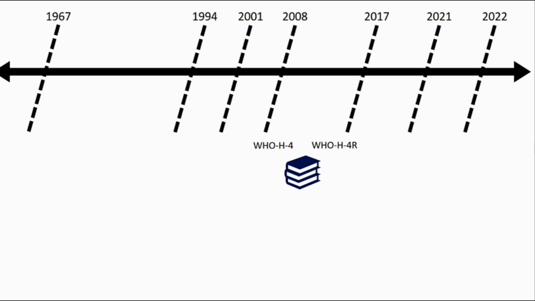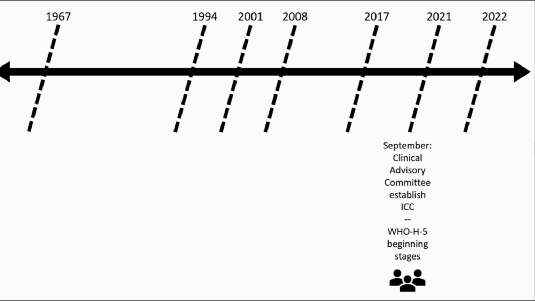But unfortunately, no consensus was reached by their deadline of February 2020. So while they didn't have the official go-ahead to convene to start the fifth WHO, they did anyways establish the International Consensus Classification Committee in September of 2021.